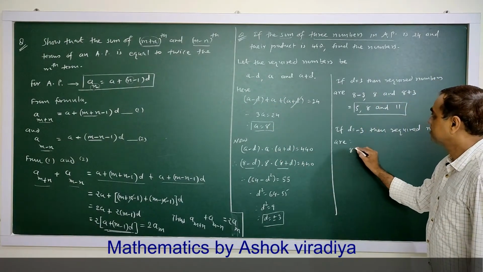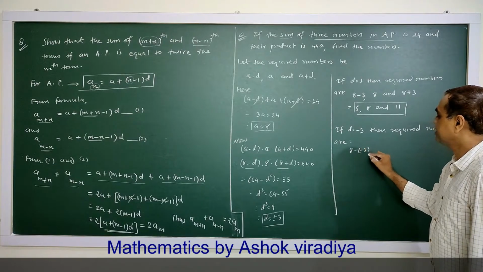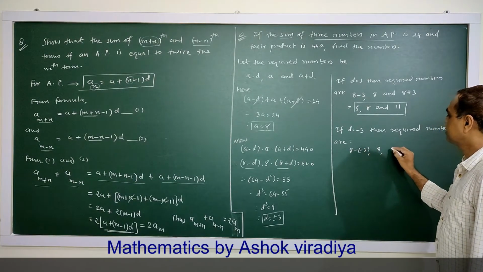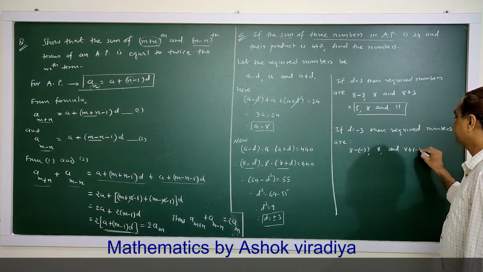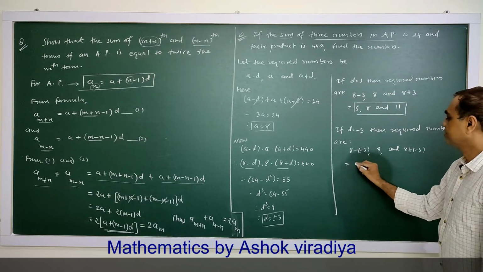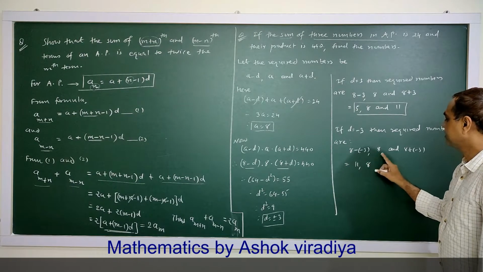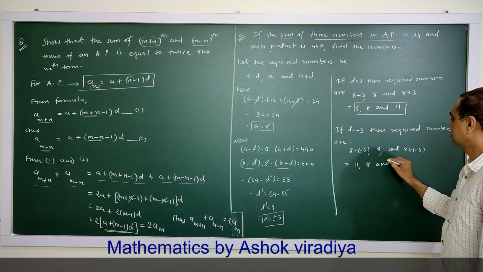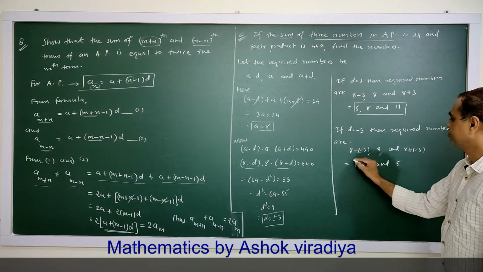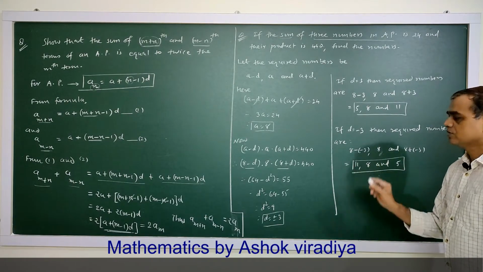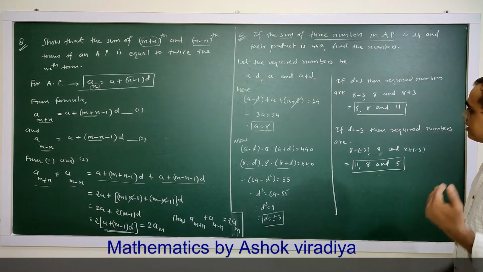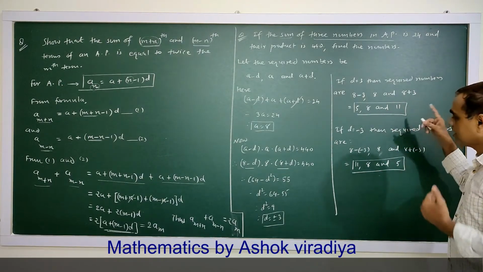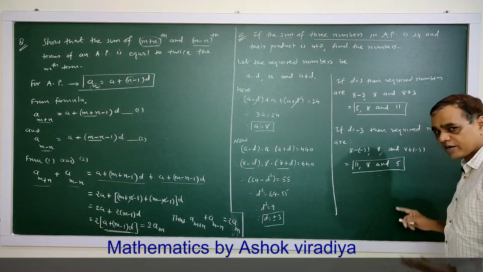So 8 minus 3, 8 and 8 plus minus 3, that is 11 comma 8 and this is 5. So these are either 5, 8 and 11 or 11, 8 and 5.